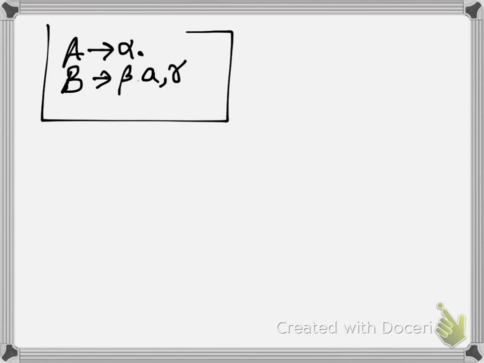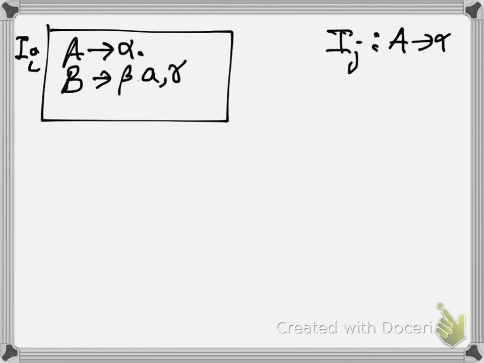So this must be some state: A derives alpha dot, and B derives beta dot A gamma. The lookaheads may have been different. Say this is P and this is Q, and this is P and this is Q. Oh, sorry, this is something else. The lookaheads are different. Say this is dollar and this is, say, R.